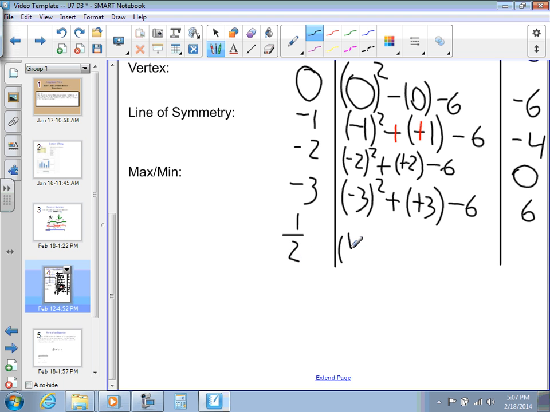So now I've got 1/2 squared minus 1/2 minus 6. Okay, so 1/2 squared, I'm going to write this down below and I'll just change the color here. 1/2 squared is 1/4.